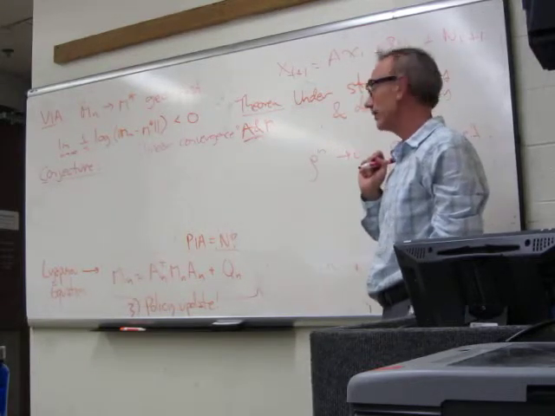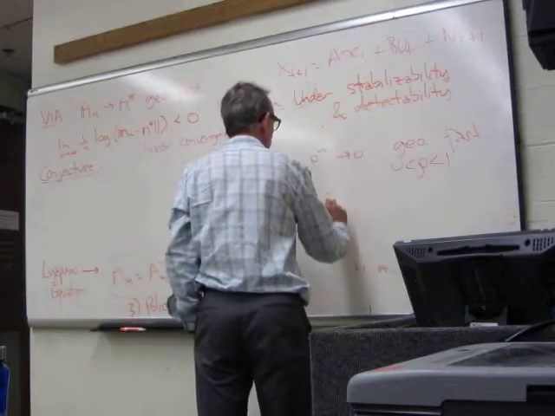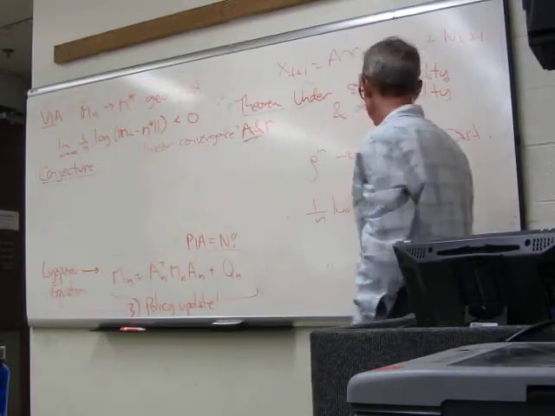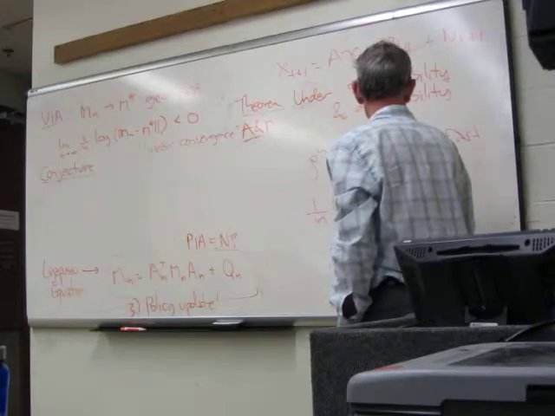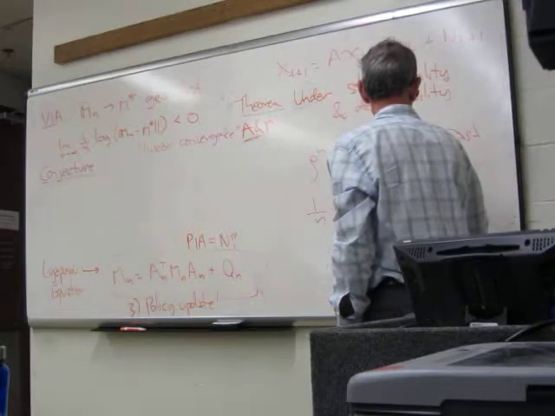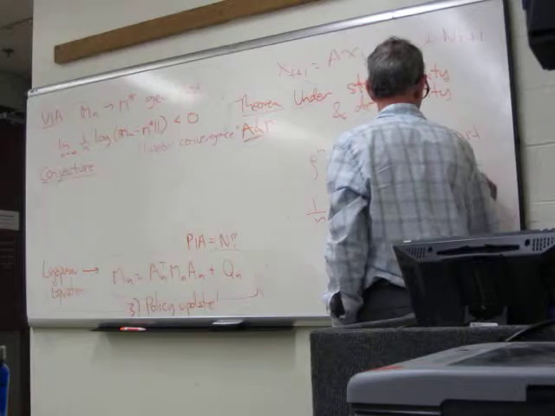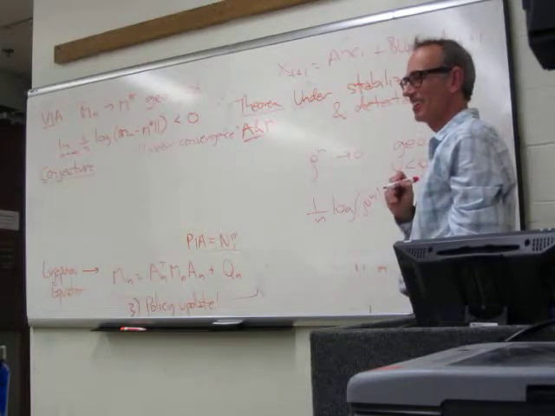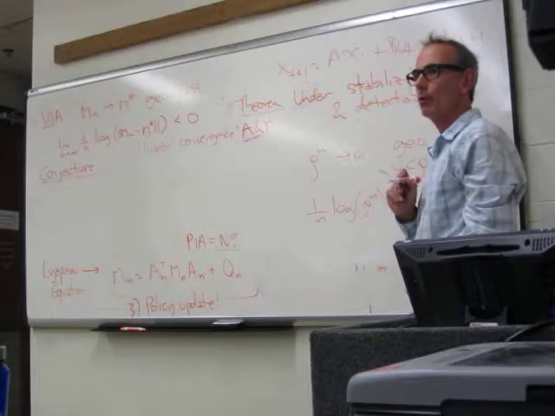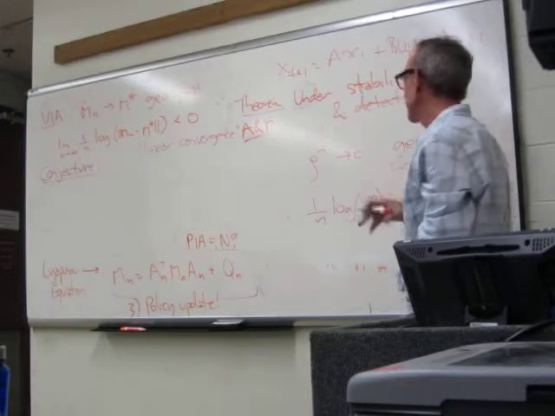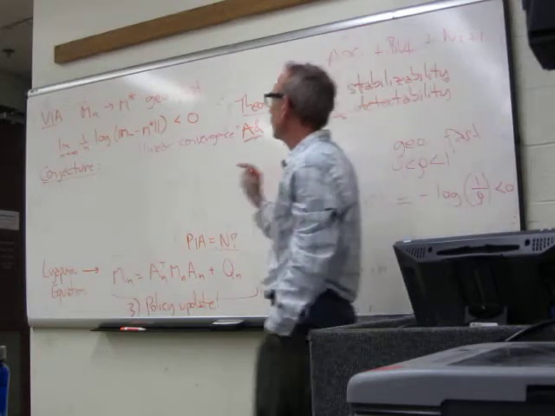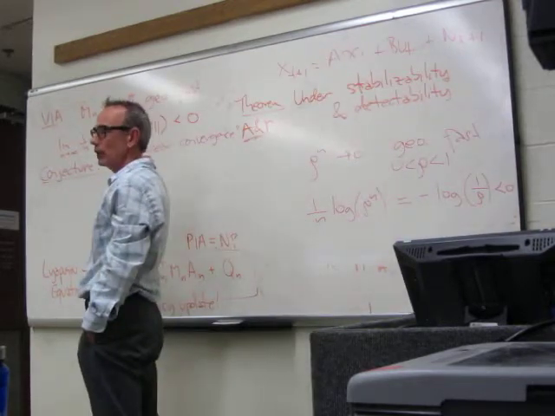What's 1 over n times the log of rho to the n? That's the idea. When I say geometrically convergent, I mean something like rho to the n for rho less than 1. The equivalent way of saying it is to take the log and scale by 1 over n.